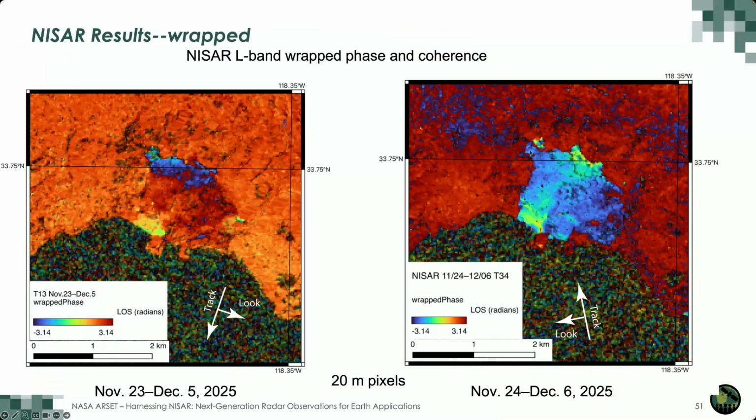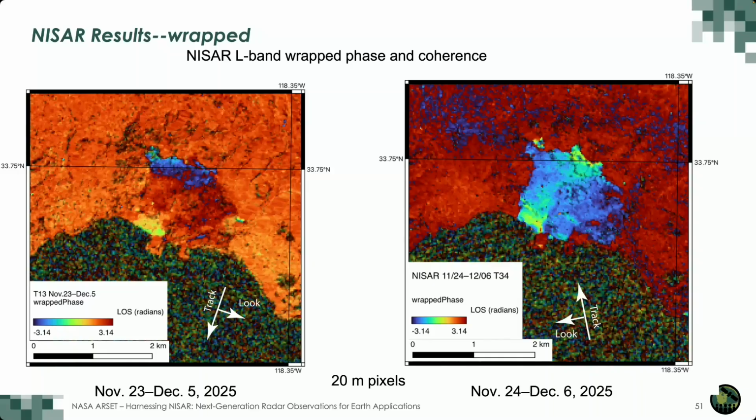If we look at this area in the upper left, it's blue in the descending track and in the ascending track, and that's because that area is moving downward. This is sort of the top of the landslide where the land is moving down and then out. And in other areas here, the two measurements are in opposite directions, and that's because we're mostly measuring the horizontal motion.